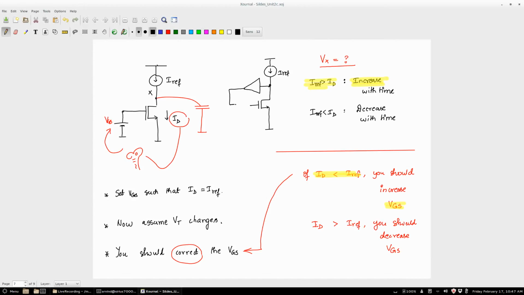I take this voltage and do something with it, I'm not going to say what, and then I can connect it back here.